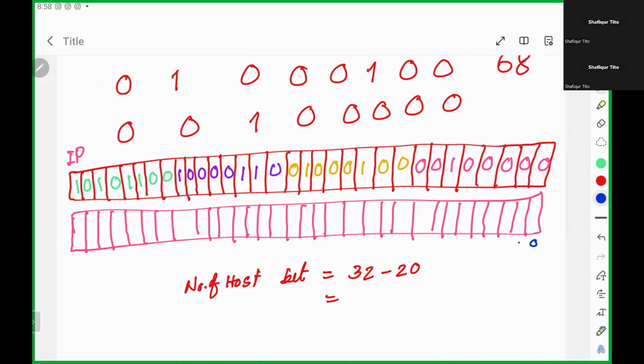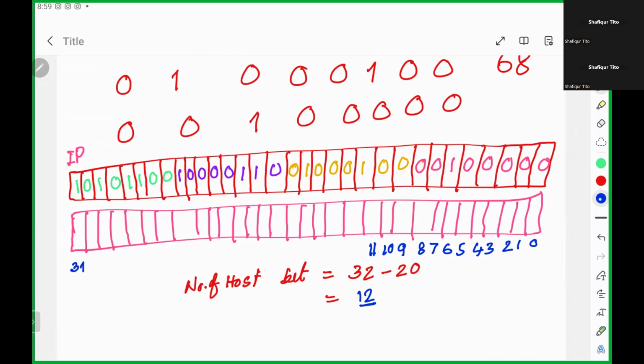So 0, 1, 2, 3, 4, 5, 6, 7, 8, 9, 10, 11. So this is my 12 bits, right? And this will be 12. And the rest will be my network part. So from here to 31, this will be the network part.